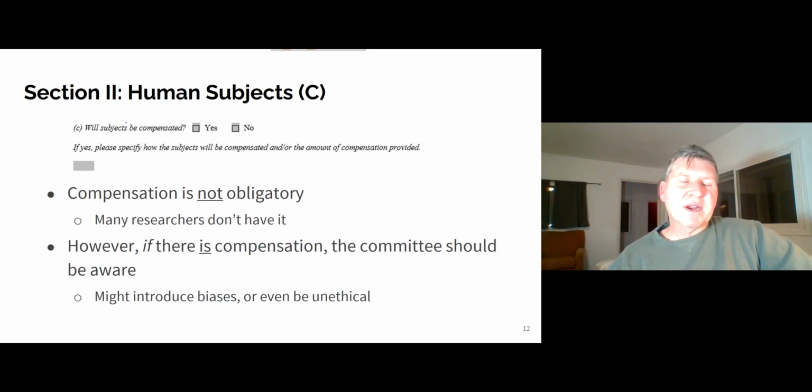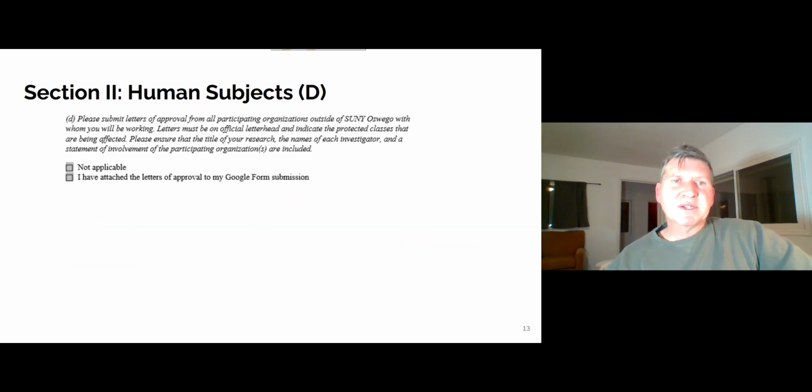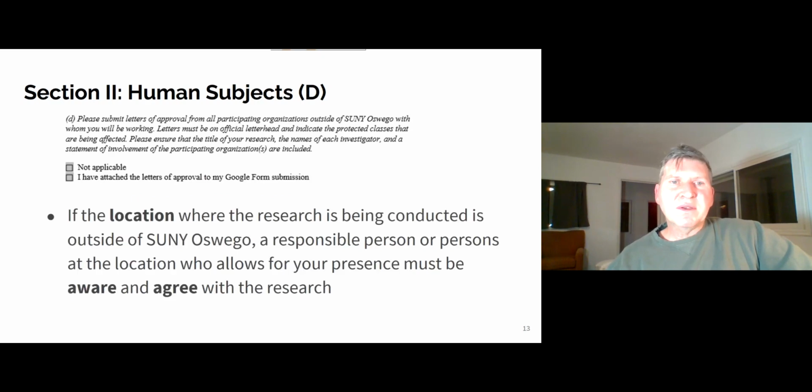Also, if you're trying to study whether different amounts of compensation provide better incentives, then obviously the amount of compensation is going to differ. Part D of Section 2 asks you to provide letters to support the approval of doing research outside of SUNY Oswego. And of course, if it's online, you don't have to have a letter.